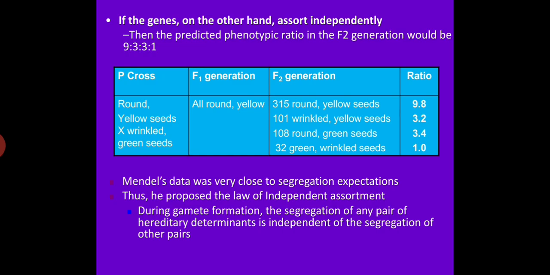If the genes assort independently, then the predicted phenotypic ratio in the F2 generation would be 9:3:3:1. Mendel's data was very close to the segregation expectation. Thus, he proposed the law of independent assortment.